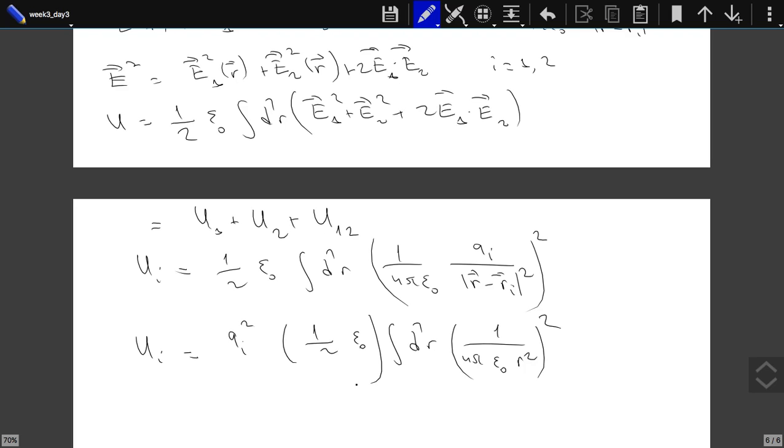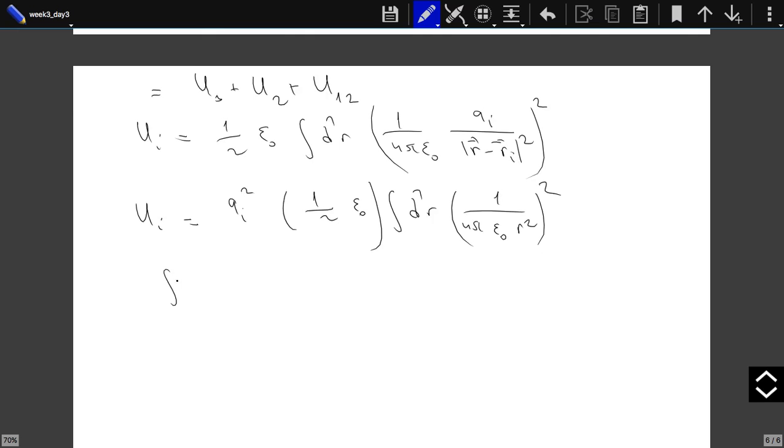Well, before ignoring these terms, let me say that these constants are infinite, though. If you integrate them, integral d cubed r of 1 over r to the 4, I have dr times r squared, times, if I integrate over the angles, that gives me 4 pi, 1 over r to the 4, r goes from 0 to infinity.